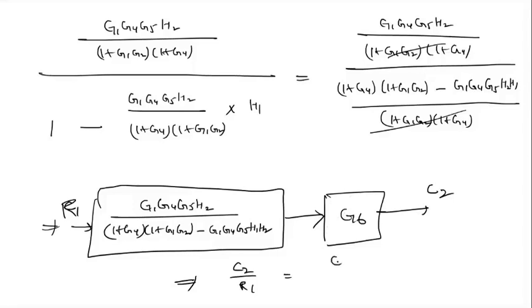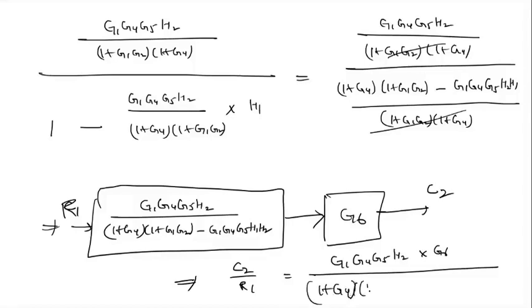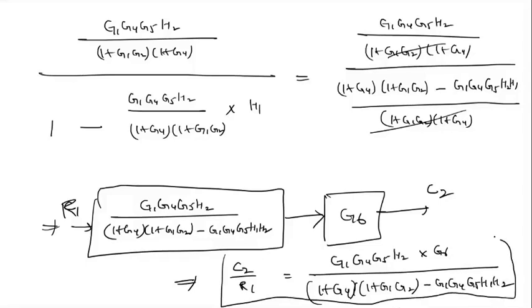Finally, you will get G1, G4, G5, H2 into G6 by 1 plus G4 into 1 plus G1 G2 minus G1, G4, G5, H1, H2. This is the transfer function for C2 by R1.